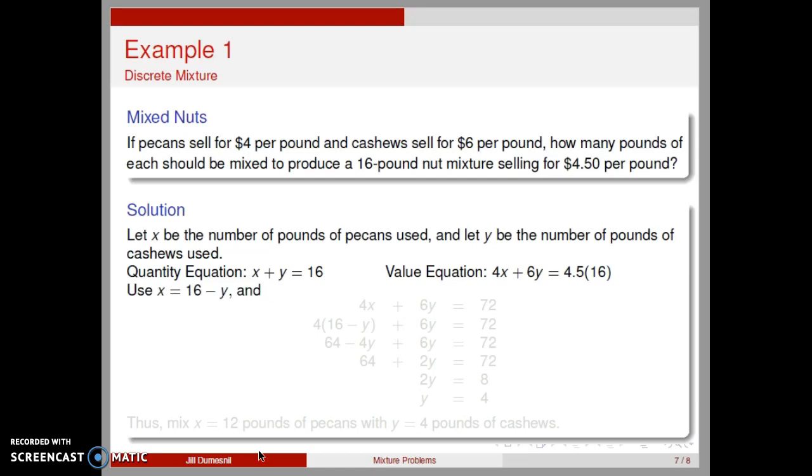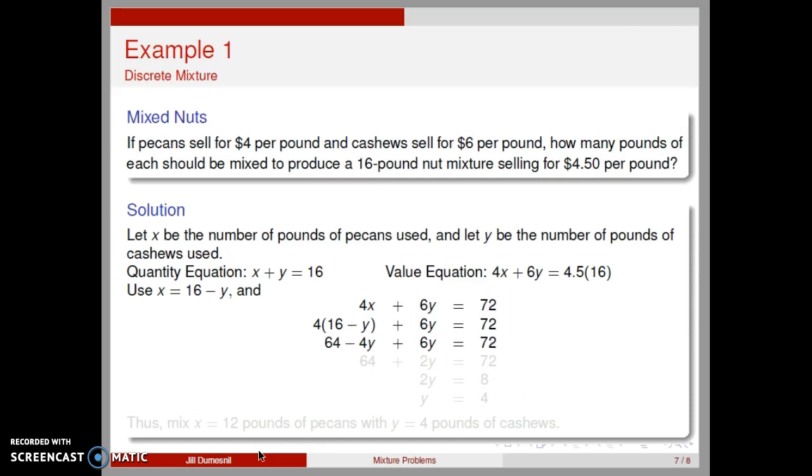Now we'll use the two equations. First, we'll rewrite the first equation as x equals 16 minus y, and we'll substitute that into the second equation. This gives 4 times (16 minus y) plus 6y equals 72.